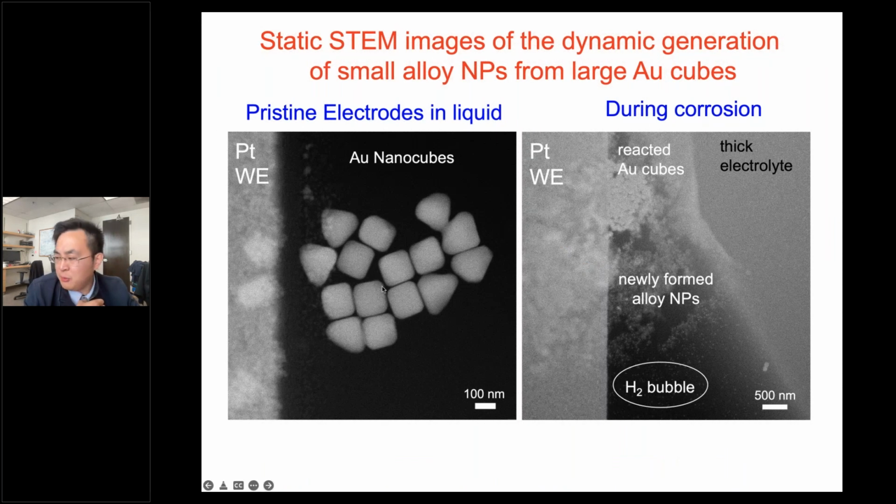At the beginning, we have these beautiful gold nanocubes on the surface of the platinum electrode, and during corrosion, we see that we are consuming the gold cubes and ejecting a whole bunch of particles, and we begin to see a hydrogen bubble forming near the working electrode.